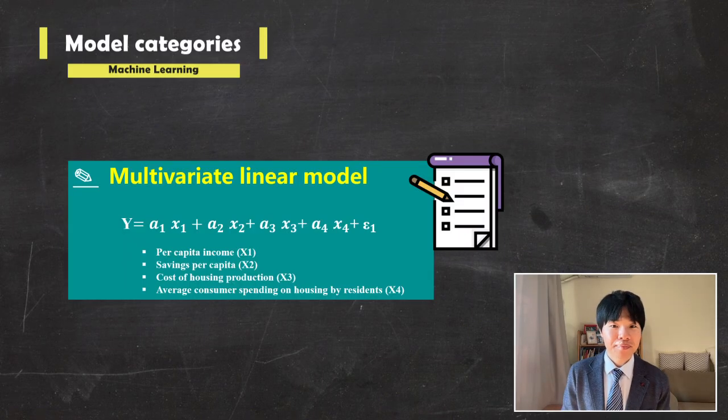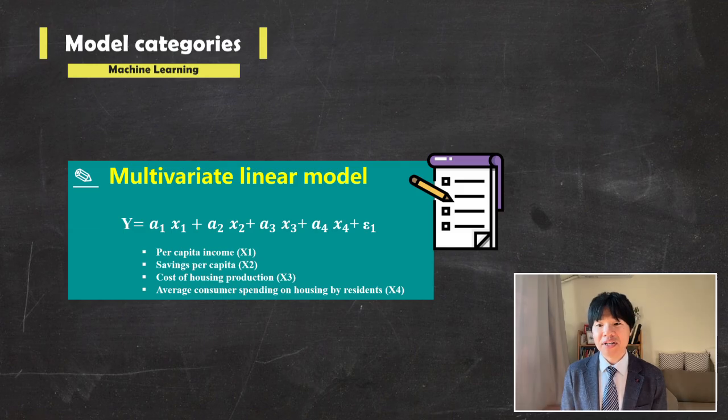If we can analyze these influence factors a1, a2, a3, a4 and the constant epsilon through the computer algorithm, we can obtain a prediction model for housing prices. This allows us to predict future trends in housing prices, and we can provide targeted and reasonable suggestions.